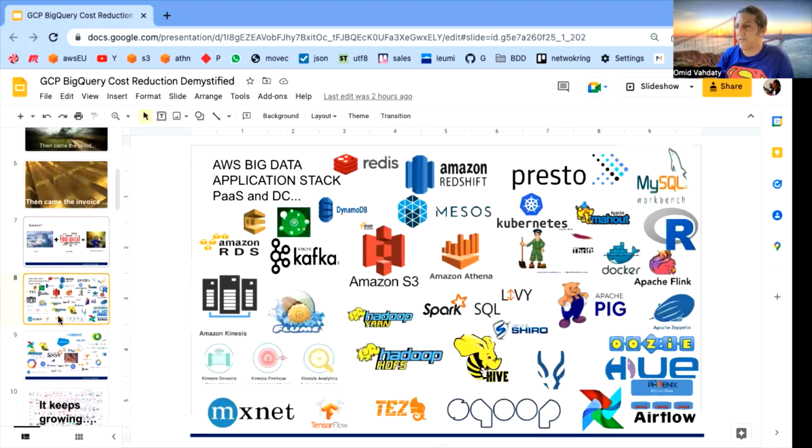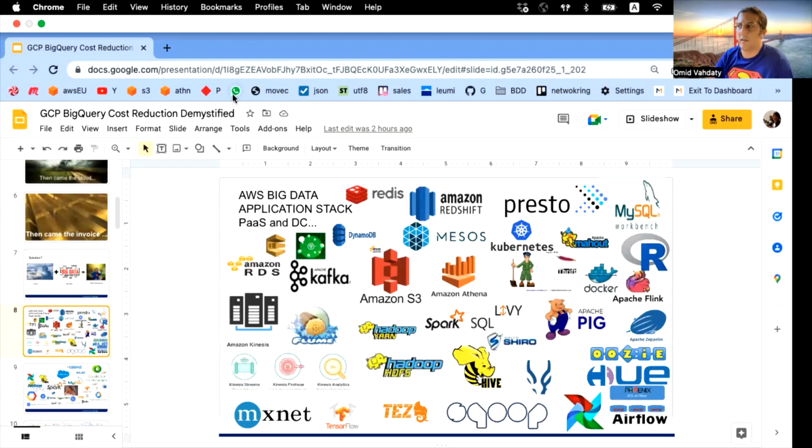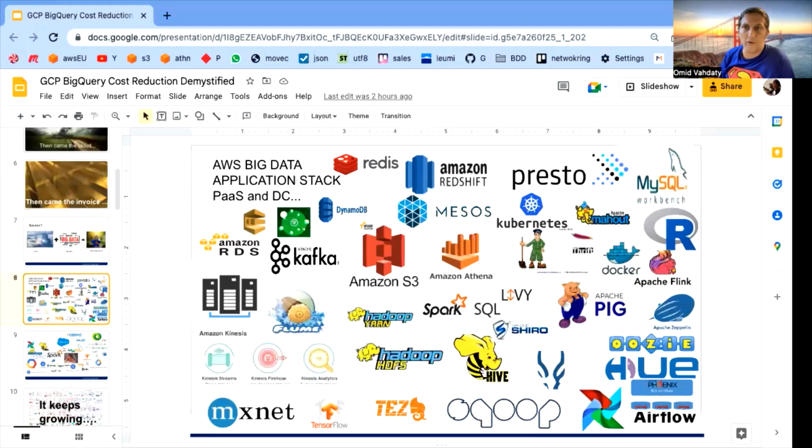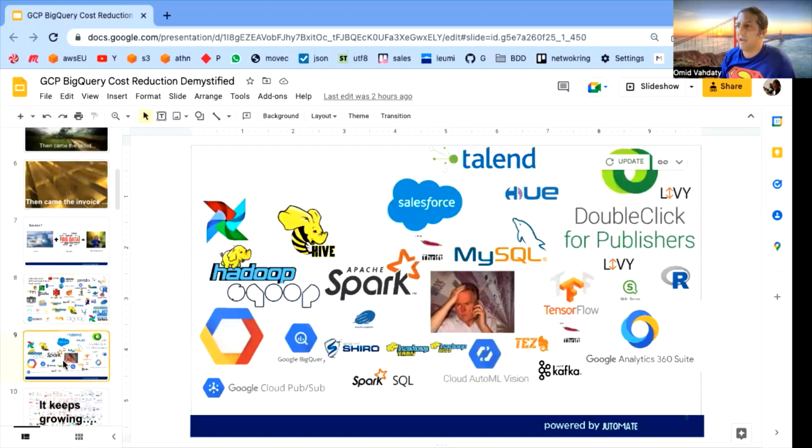Just to get a sense of the complexity of the AWS stack, you have many technologies that are wrapped around, whether within marketing, whether they are managed or not, or Hadoop oriented or not. It doesn't matter. Each cloud has its own complexity. Even Google has many Hadoop technologies and data solutions.